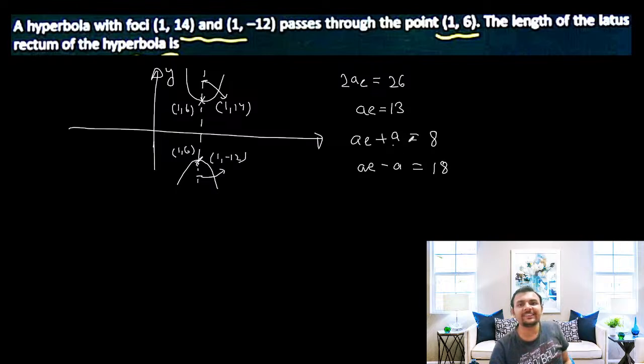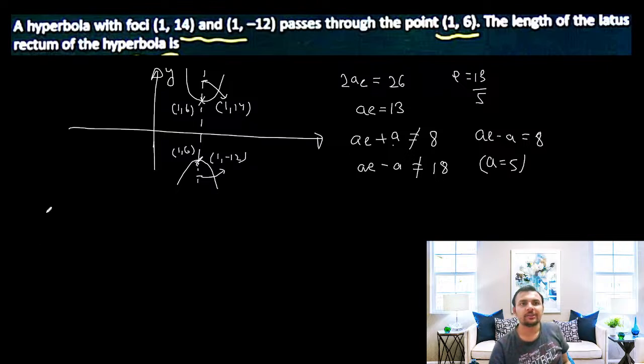Now ae is 13, so a will become negative, so this is invalid. So it means that if we put 1 comma 6 here, it is A minus A is equal to 8. So a is equal to 5. We got a equal to 5, e equal to 13 by 5.